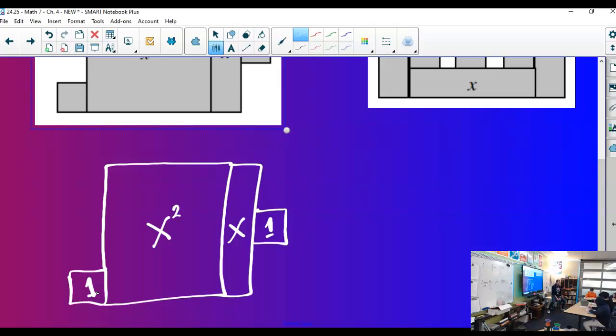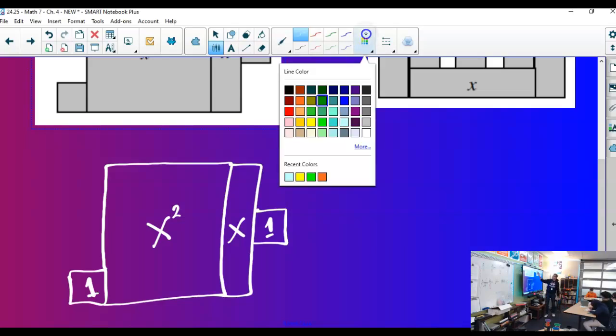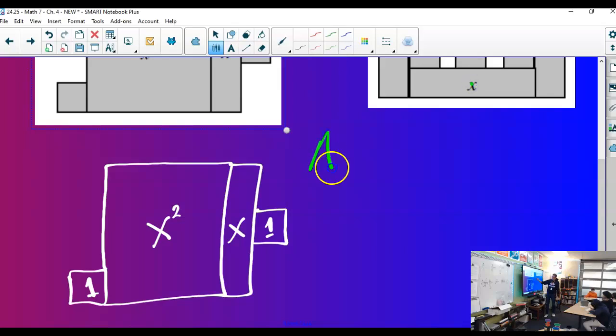Now I will tell you here, perimeter is the tough part. Area, all we do is look at, count, and give it the name that is appropriate. So how many x squareds do we have here? 1. So if I start writing out my area, I have 1 x squared. How many x's do I have? 1.